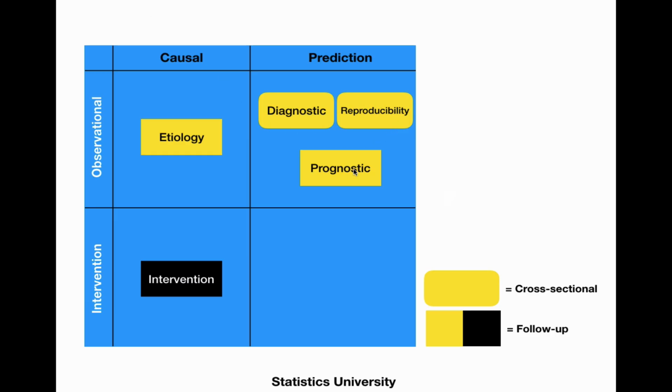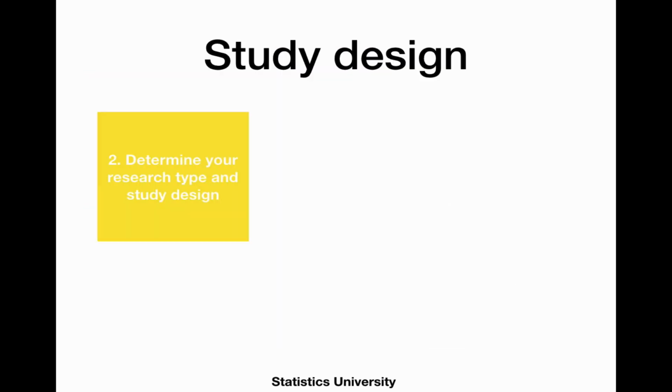The other type is intervention research, which obviously is intervention, but also causal. Only diagnostic and reproducibility research are cross-sectional, whereas all the other study designs have time as an element of the research. Now that you have determined your research question and research type, you can start designing your study.